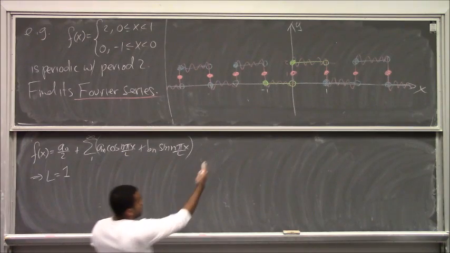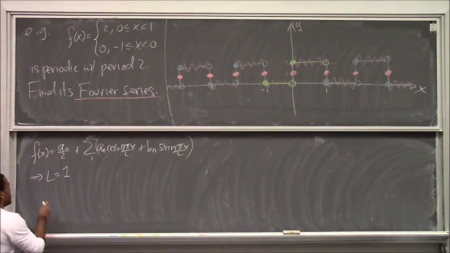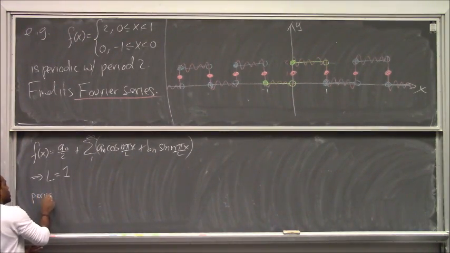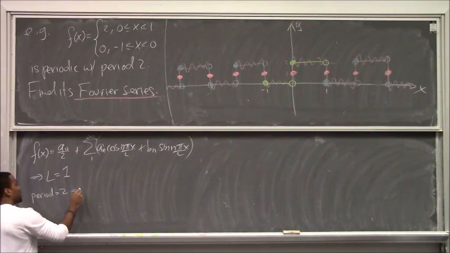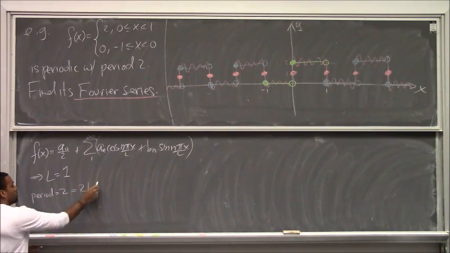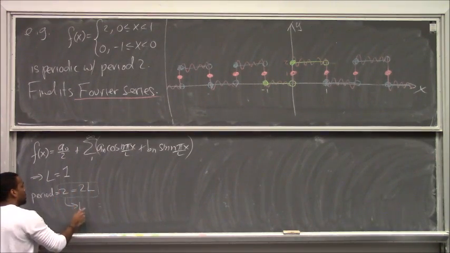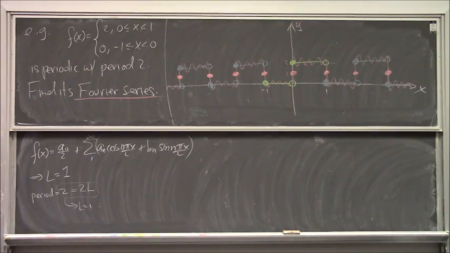It's the half period. We know that the period is 2, but we assume that the period of the function is 2L. So you just solve that equation for L, you get L equals 1. Okay? So L equals 1 in our equation.